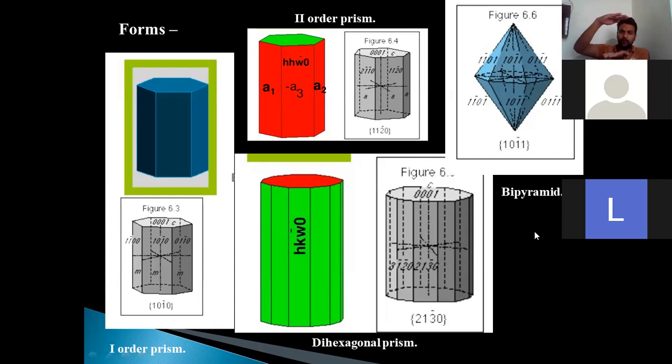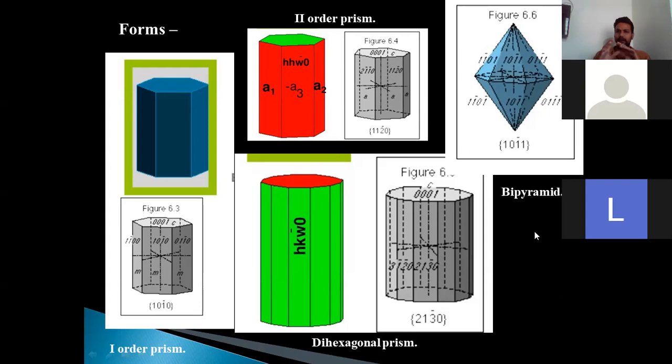When you close that open form by 2 faces, from top and from below, those 2 faces are known as pinacoids. And there are 4 numbers in the Miller indices. As we have seen, in isometric, tetragonal, orthorhombic there were only 3 numbers because there were 3 axes. But in hexagonal system there are 4 axes, and because of which you have to indicate the notation by 4 digits.